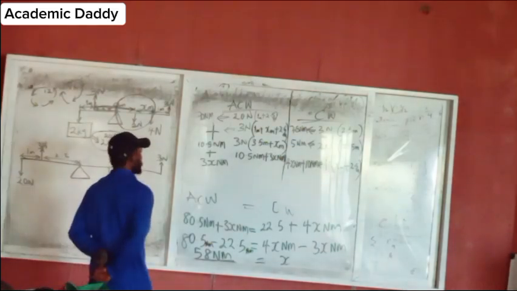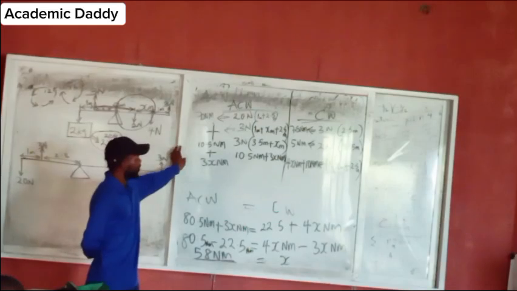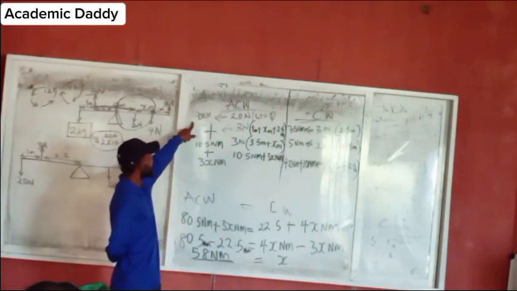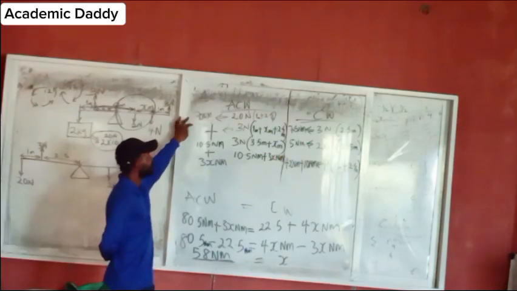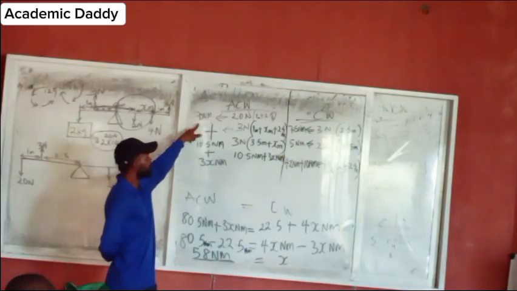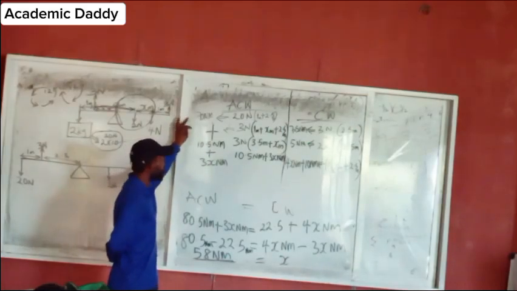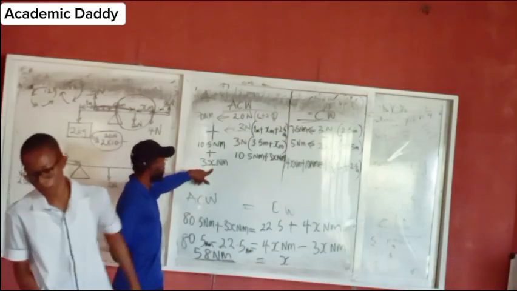We are not doing imagination here. See now, we have 17 Newton meter here and 10.5 Newton meter. We are correct on those answers. We are checking why we have this x Newton meter.